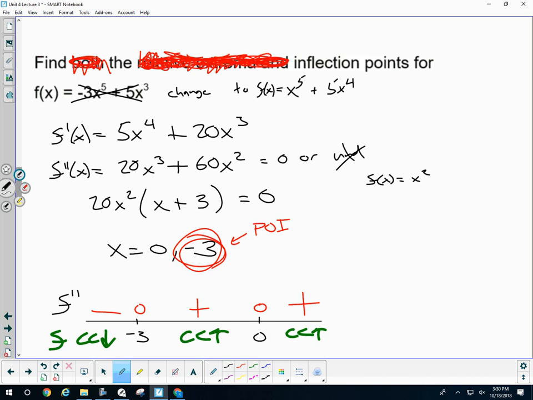Let's look at the graph of x squared and the graph of x to the fourth. What does x to the fourth look like? Just like x squared, it's just a little bit slimmer, but there's a little bit more to its slimness.